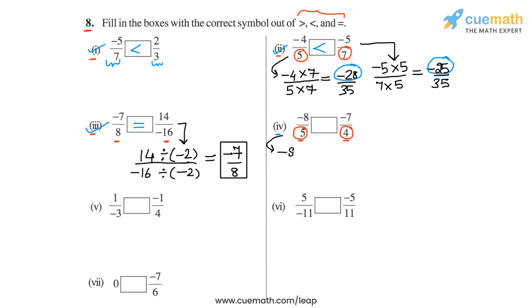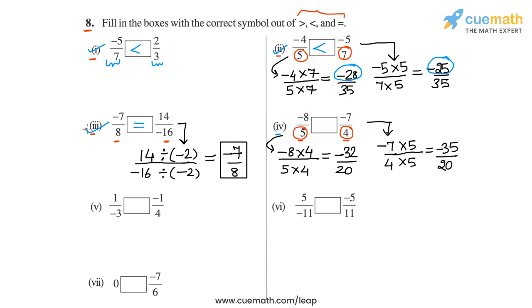So minus 8 by 5 can be written as minus 8 into 4 by 5 into 4. So this will be minus 32 by 20. And minus 7 by 4 can be written as minus 7 by 4 and this time we multiply by 5 above and below and this will give us minus 35 by 20.